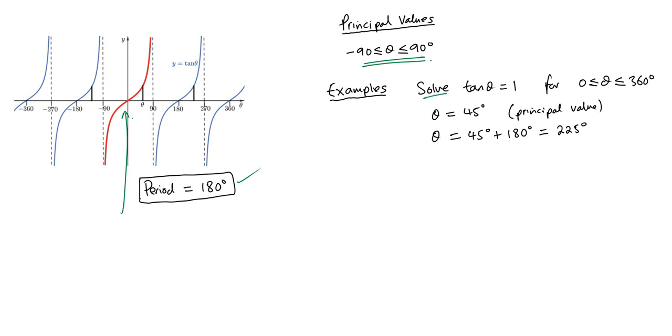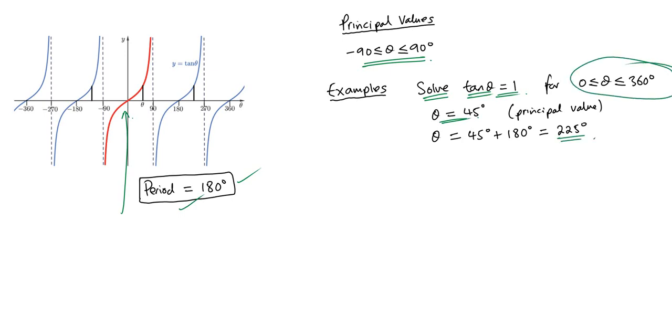If we want to solve this equation, tan theta equals 1, we find the principal value, 45 degrees. But because it's got a period of 180 degrees, all we need to do is add 180 to it, and that's fine within that range.